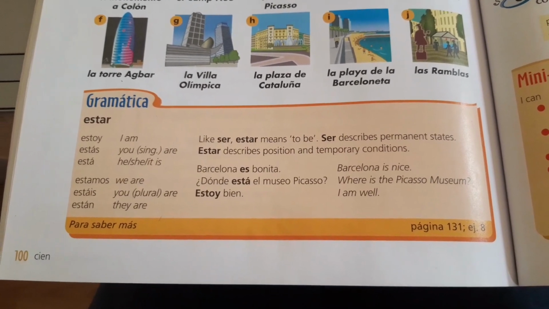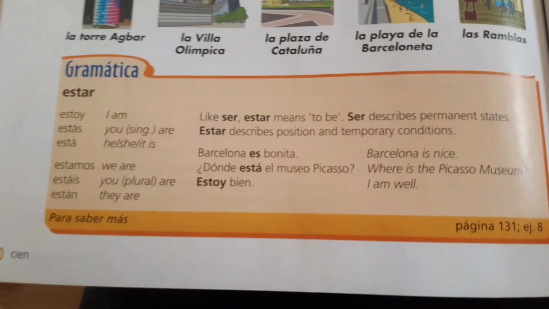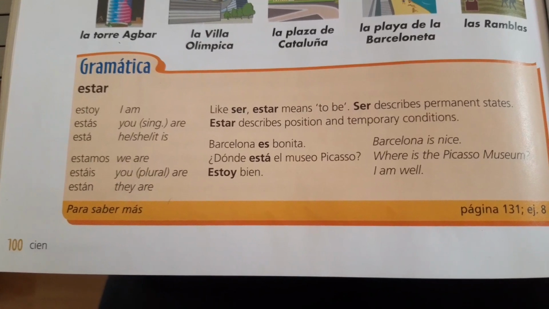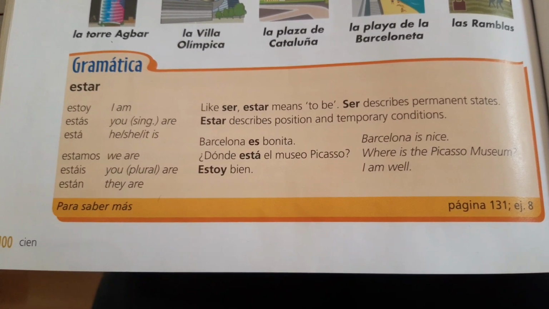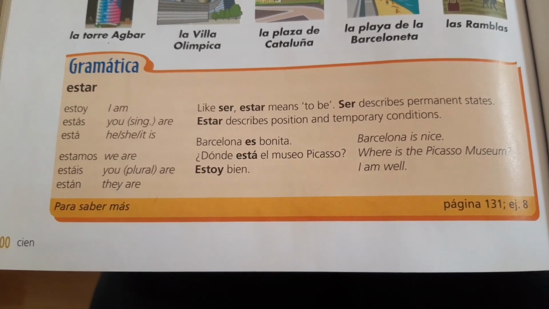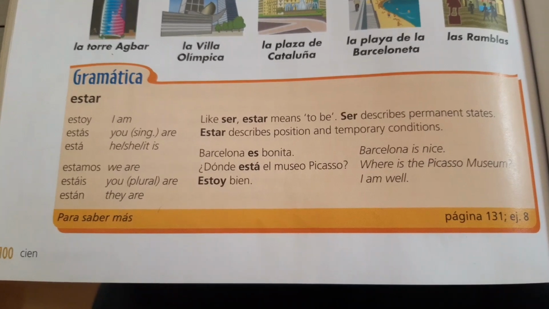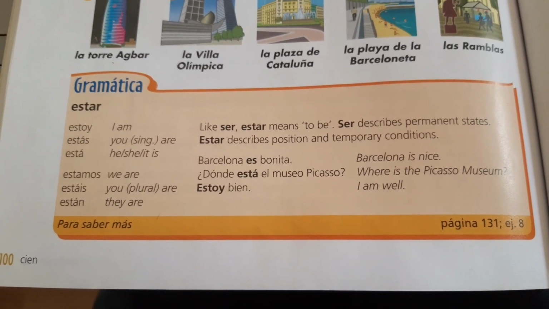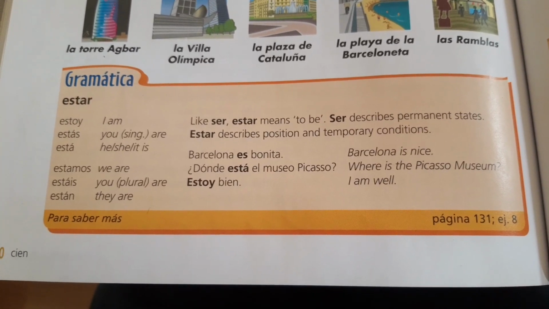So now that you've copied that out, girls, you've got estar, obviously, to be. And if you think of the noun that comes from that verb, girls, estado means state, like the United States, Estados Unidos. So a state or a status is where you are at the current moment.